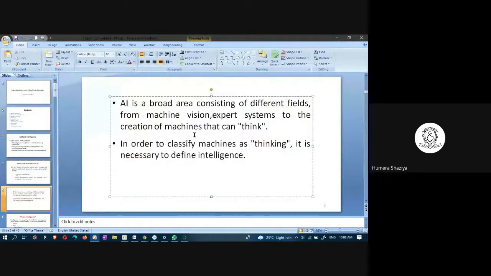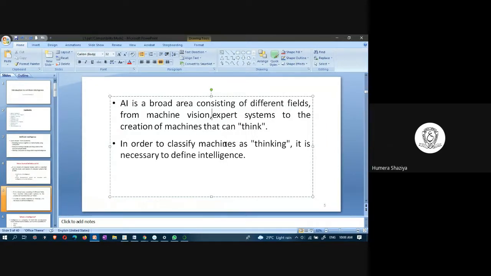So this point explains that now a machine can see, a machine can identify, and we can develop robots that look like humans and give expressions like humans.